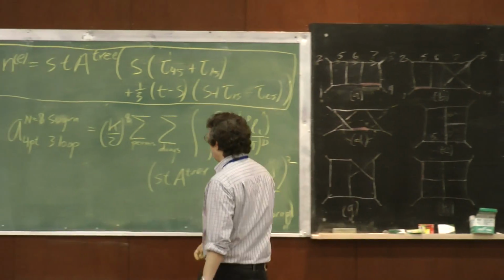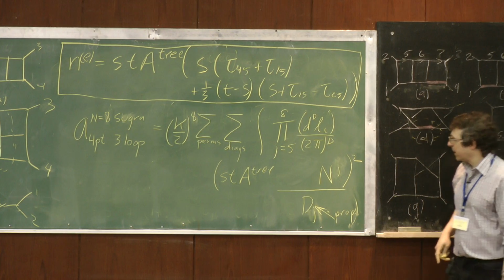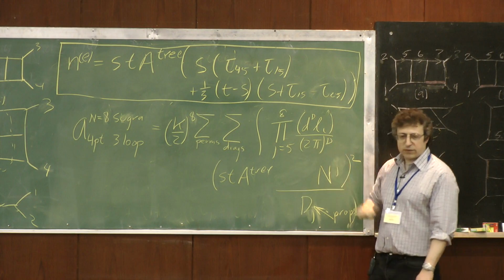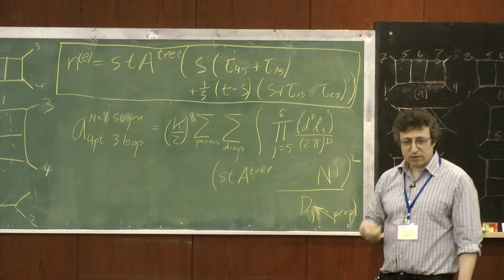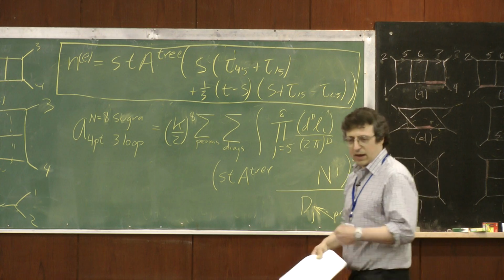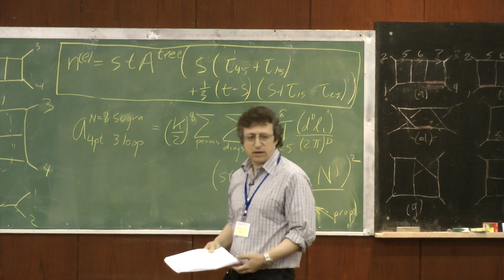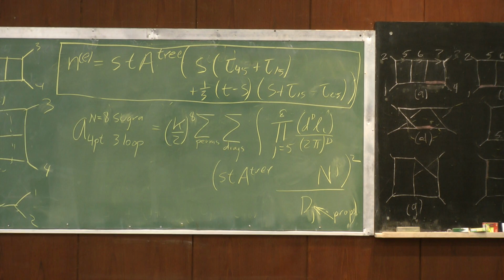Now you have to actually do the integrals. But the integrals are not so bad because we're only interested in the ultraviolet divergence. And it's, in fact, the very first ultraviolet divergence of the theory, so there's no subdivergences. And you just do the ultraviolet integrals in no time. And in fact, we find that the bound is saturated.